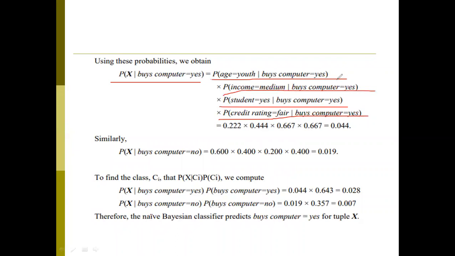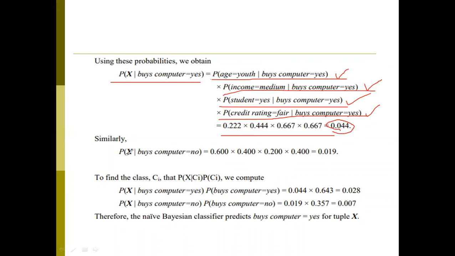Already we have calculated the probabilities of each and every individual one. Then we can substitute the values. This is the final result for P of X given yes, right?